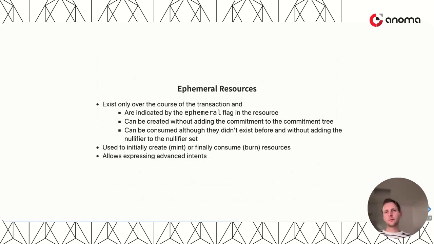The same will happen if you want to finally or permanently delete or destroy apples. You would need to consume 10 apples, and in order to balance this transaction, you would create 10 ephemeral apples. This is useful for these scenarios I just described, and has to be allowed explicitly in the resource logics.